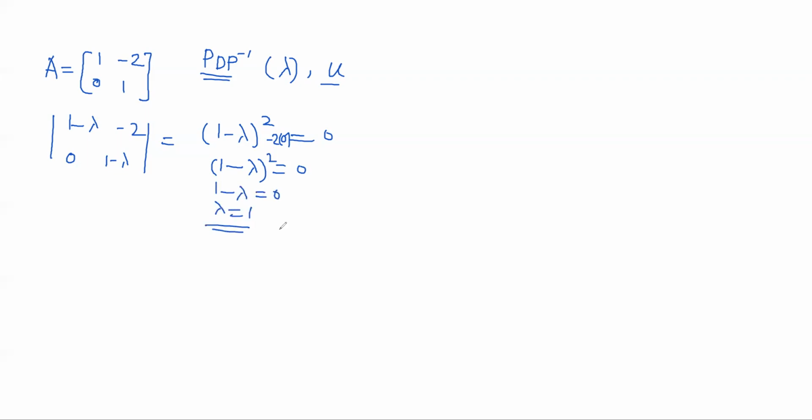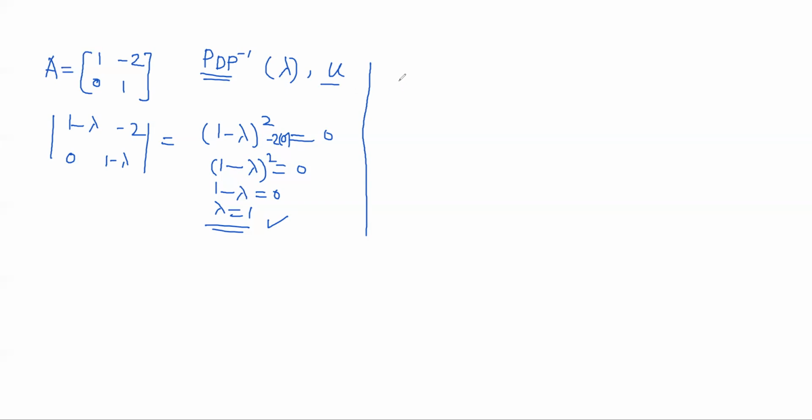So it shows that this matrix has only one distinct eigenvalue. That means in fact it is a double eigenvalue. Now let's try to find the eigenvector.